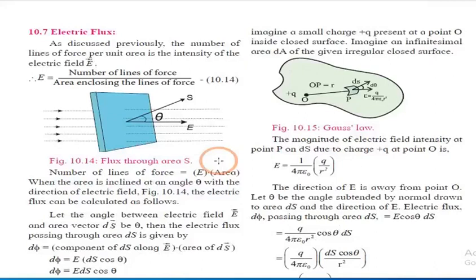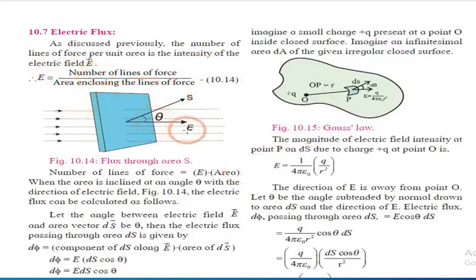The number of lines of forces per unit area. If I consider the number of lines of forces and area, then electric field intensity is given by E is equal to the same formula, number of lines of forces divided by area. Now how to calculate the number of lines of forces? Then it is E into area.